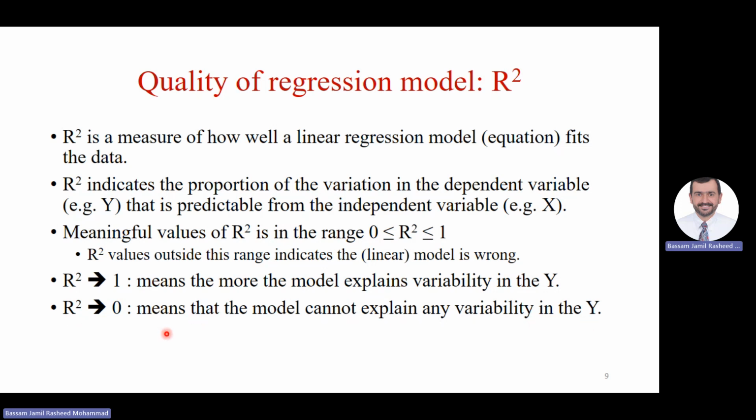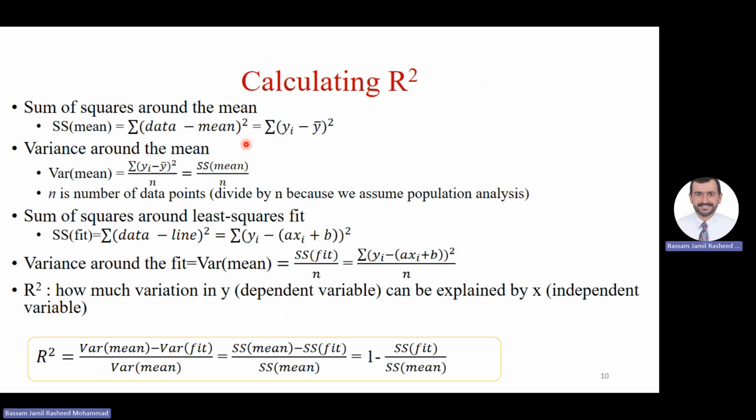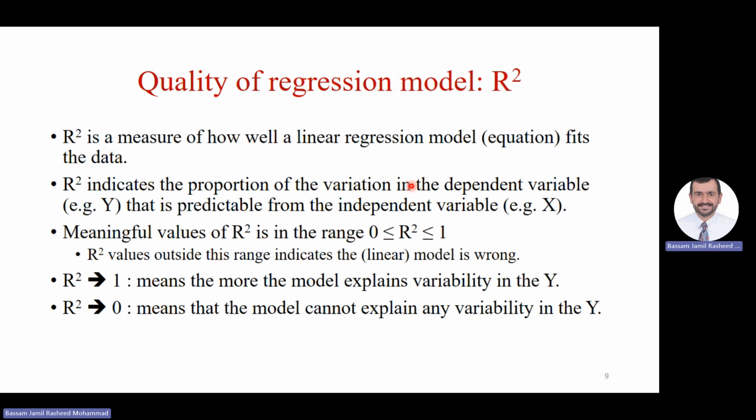So we want to be as close to 1 as we can, because this indicates your model has measured the variation of the dependent variable very well. Your model is able to predict Y, basically.